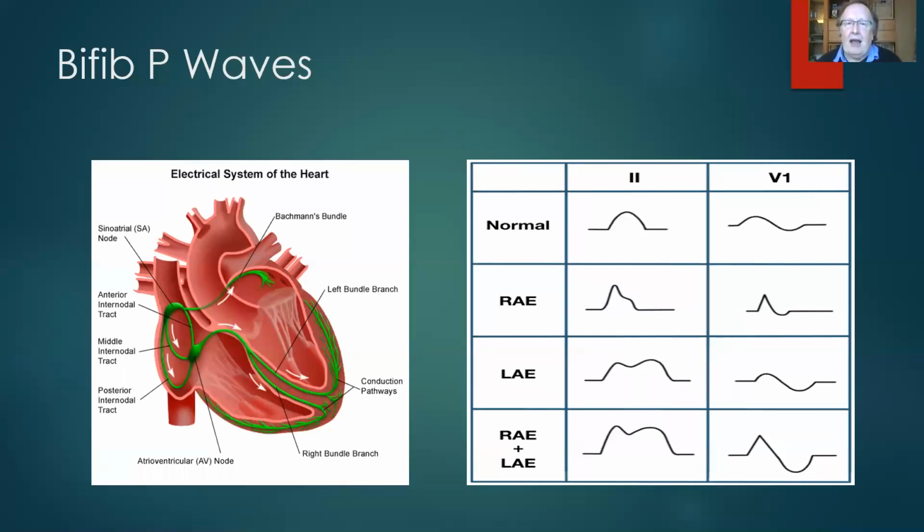In RAE, which is right atrial enlargement, because of heart failure, the muscle mass on the right side is bigger, and so we get a funny shaped P wave. And of course, then we have left atrial enlargement, and of course the bottom has the two going on together. But that's just an impress other people stuff. Moving on to the next slide.